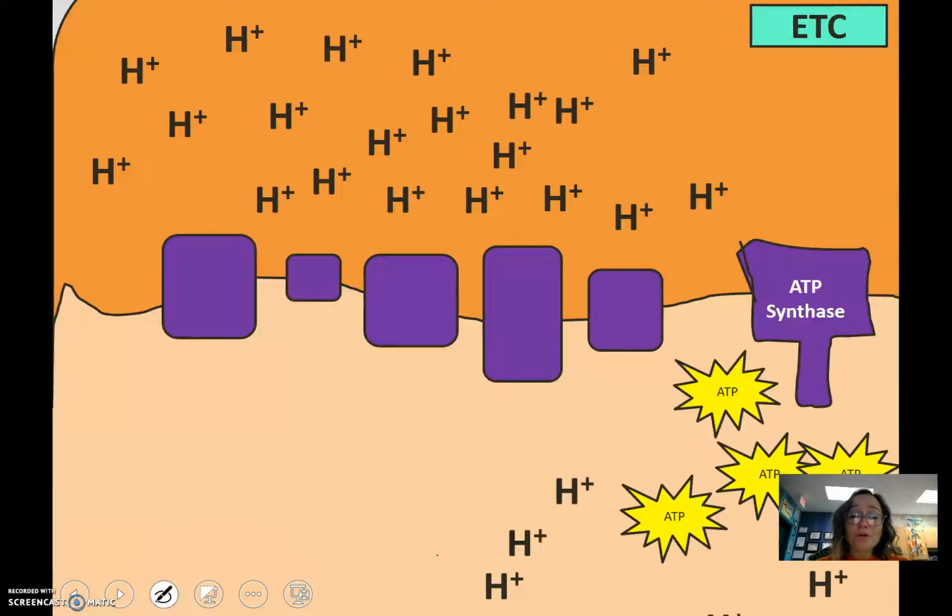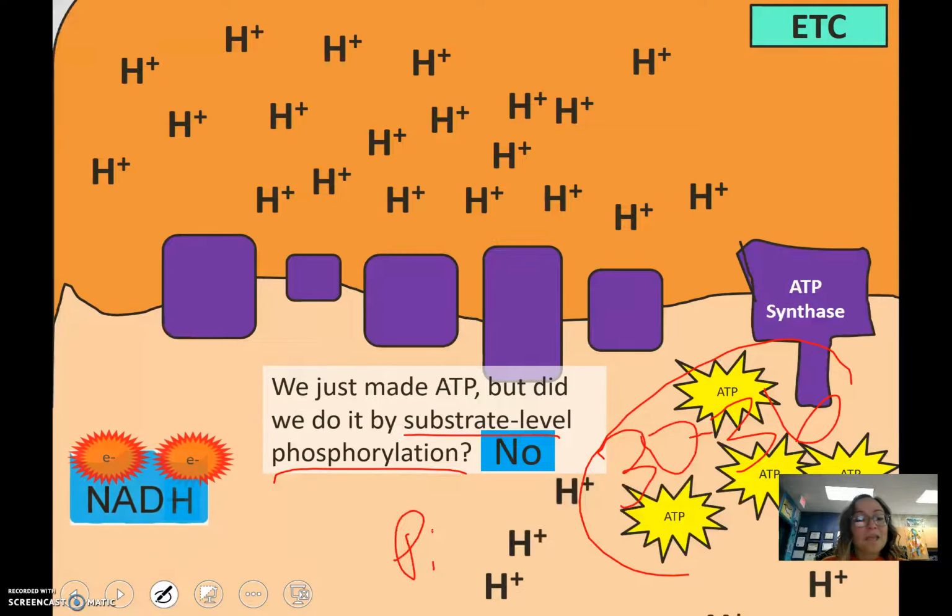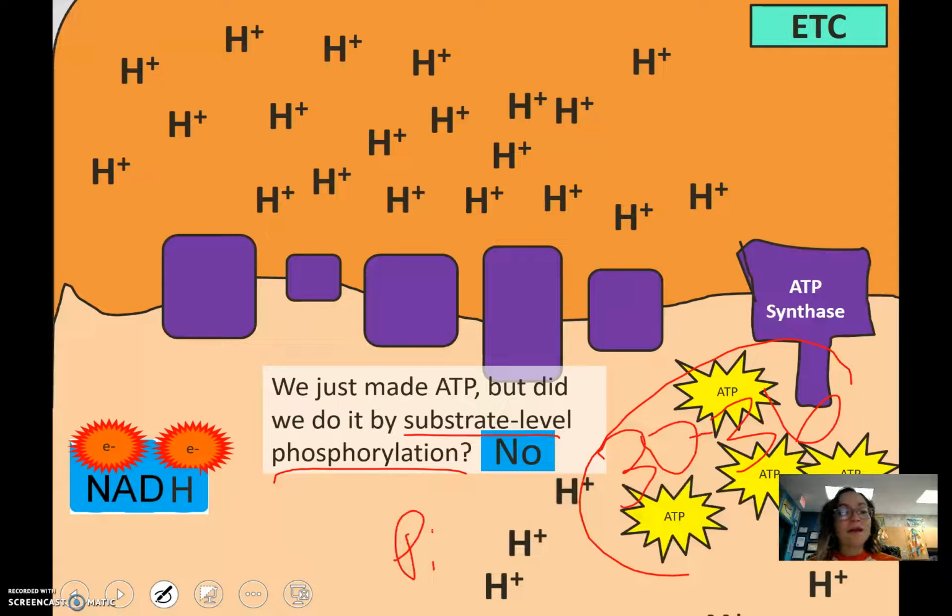Now, earlier in aerobic respiration, in glycolysis and the Krebs cycle, ATP was made by substrate level phosphorylation. Here, we took that inorganic phosphate. In this one, we are not getting phosphate from a substrate. So, this is not substrate level phosphorylation. If you remember at the beginning of the electron transport chain, we oxidized this electron carrier.